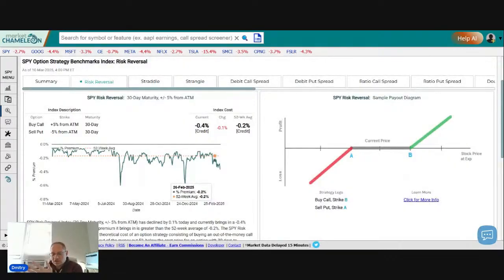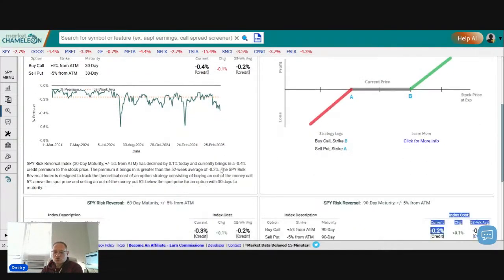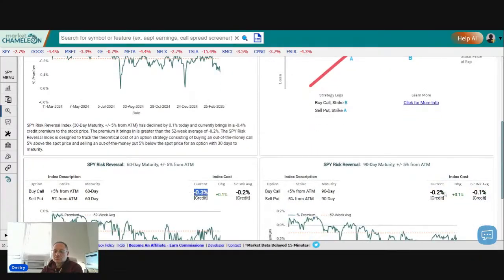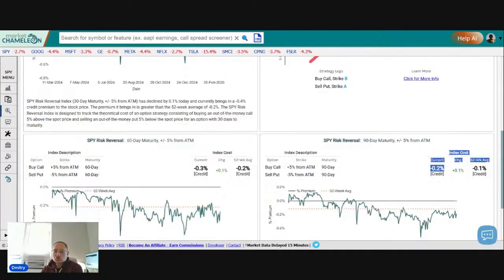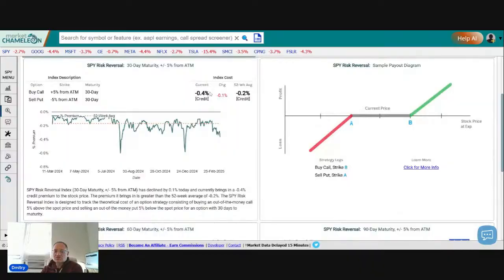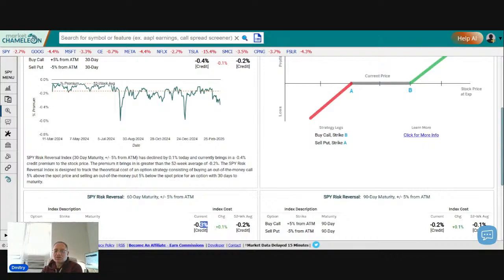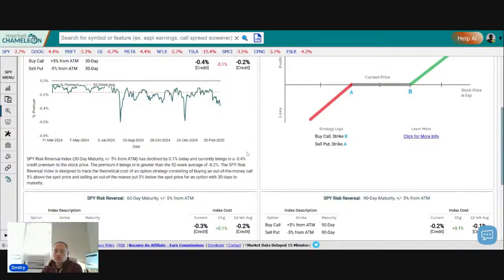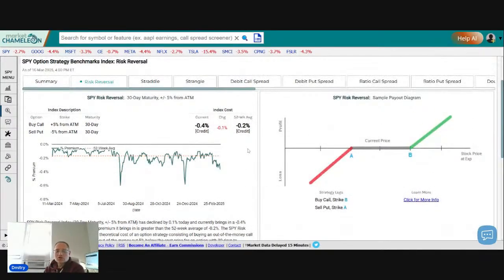So that's kind of the insight, because we don't see these as skewed as this 30-day. So 60-day and 90-day are not as skewed as much as that 30-day, which is shorter term.